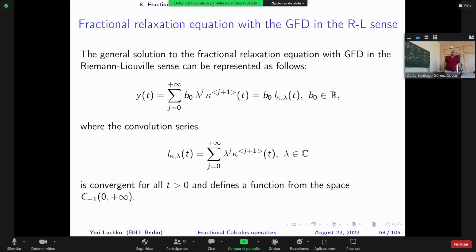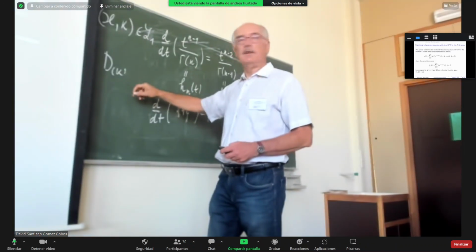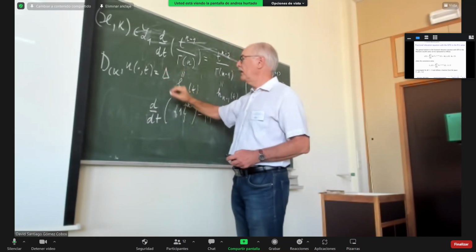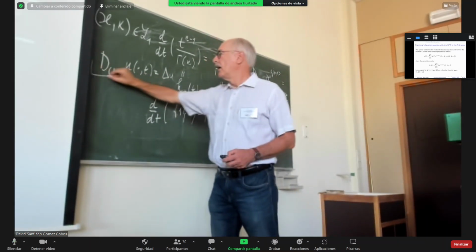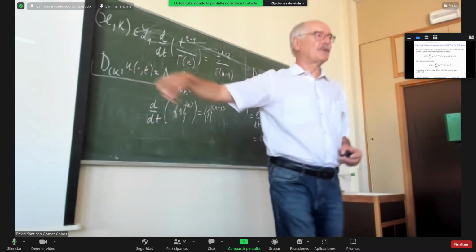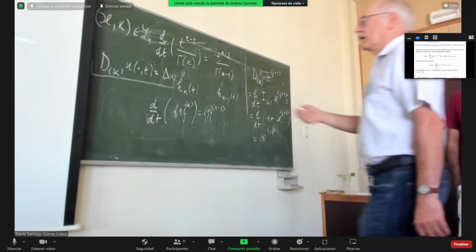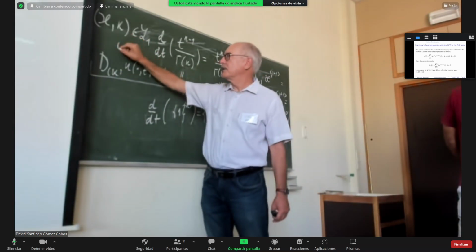And of course, before you start with computer simulations, the question if these equations are suitable for modeling of something is important. But yesterday, while speaking about the results by Kochubey, I stressed this aspect because Kochubey considered the Cauchy problem for equation of this type with this general derivative with the kernel k and with the Laplace operator here in the multi-dimensional case, and he showed that the fundamental solution of this equation can be interpreted as probability density function, and it's already a very good sign for applications because the generalized order of this equation is between 0 and 1.